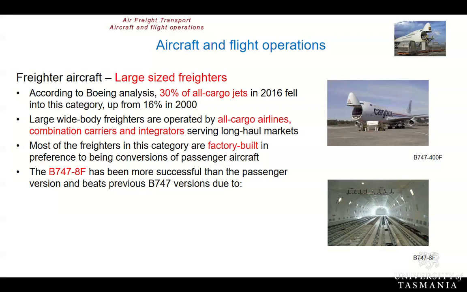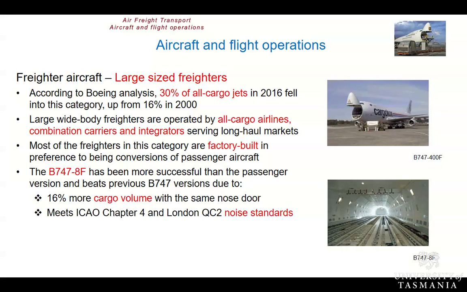And that's usually for a number of reasons that make that particular aircraft popular. In this particular case, it had 16% more cargo volume with the same nose door. It met all the noise standards to get it into most of the countries and cities. And most importantly, it was 17% more fuel efficient.